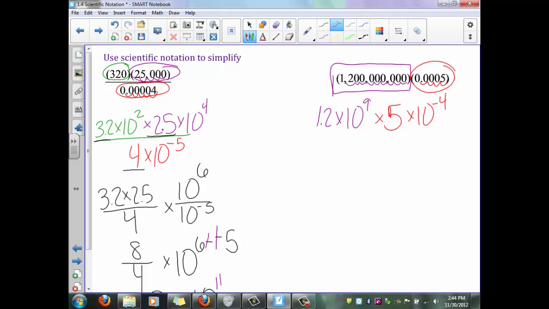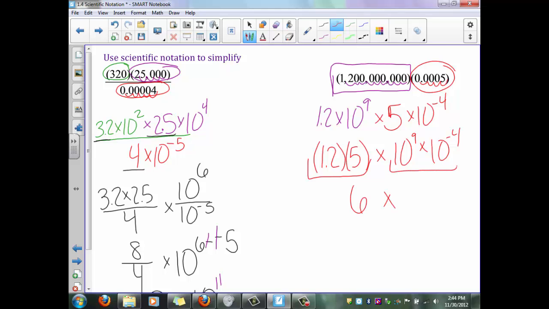Negative fourth, because remember it's a decimal. So now we'll just have this 1.2 times 5 times 10 to the 9th times 10 to the negative fourth. 1.2 times 5 will give us 6 times, and remember you add your exponents here, 10 to the 5th. That is all for scientific notation.